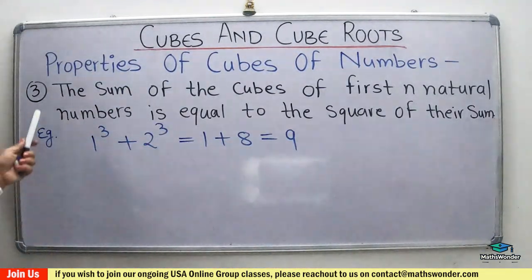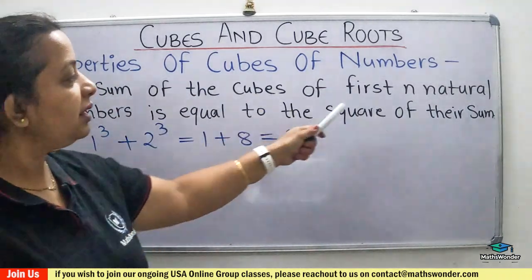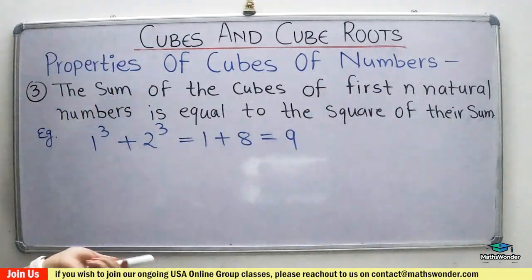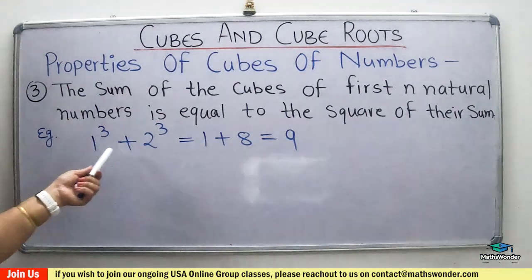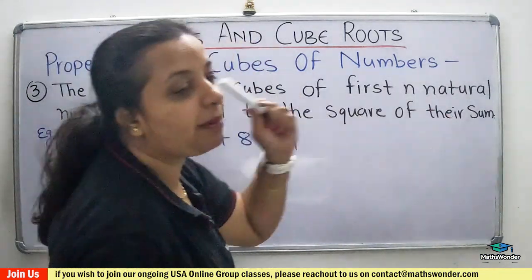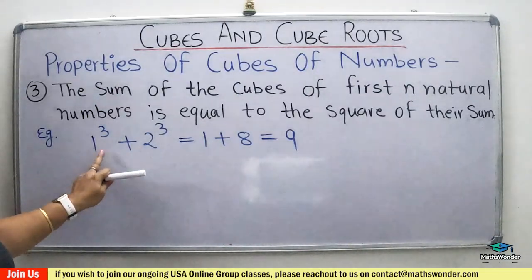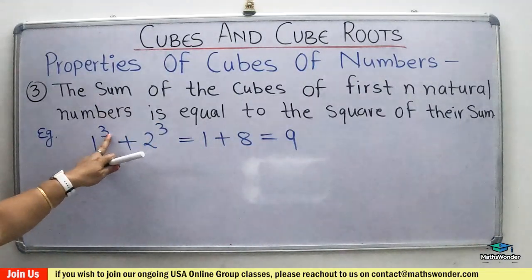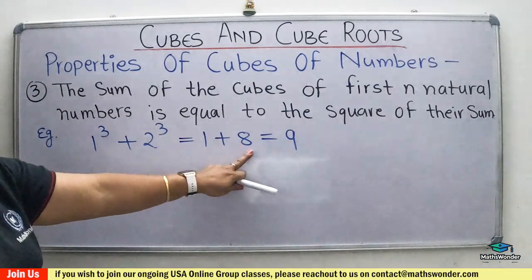The property number 3: the sum of the cubes of the first n natural numbers, where n means you can take any number like first 2, first 3, first 4 natural numbers, is equal to the square of their sum. For example, I have taken the first 2 natural numbers. 1 cube plus 2 cube: the normal method is 1 cube is 1 and 2 cube is 8.